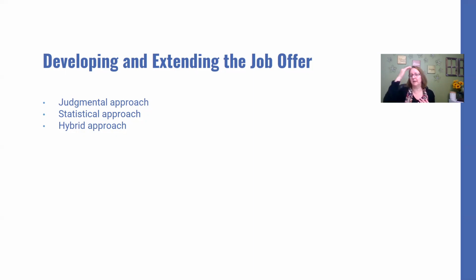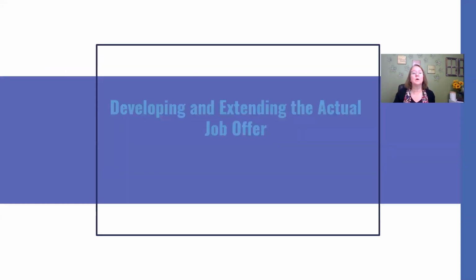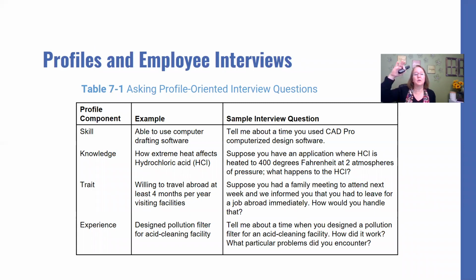So I like to put the candidates and the main points of what we're looking for. It could be like the skill, knowledge, trait, experience, but more detailed, and I would put it across the top in the columns. And then a 1 to 5 or 1 to 4 scale.